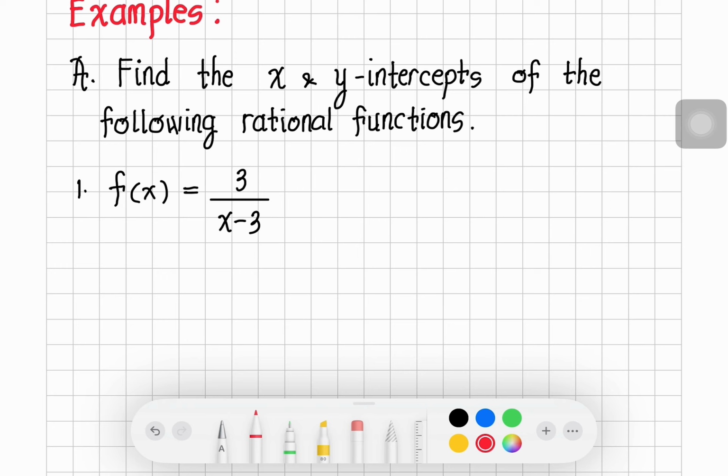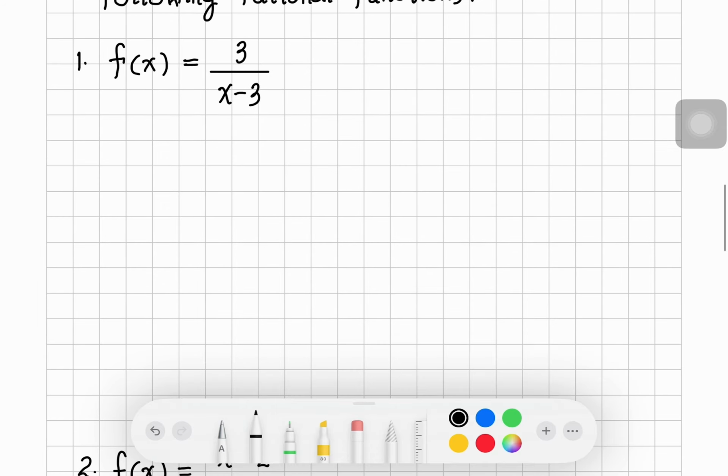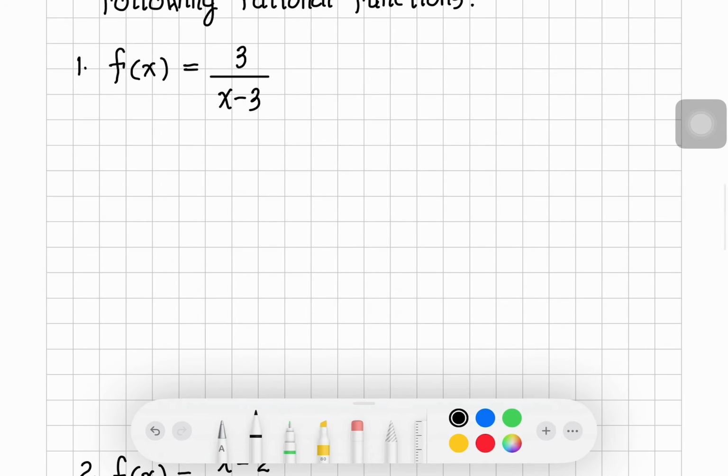Find the x and y intercepts of the following rational functions. So, number 1, we have f of x equals 3 over x minus 3. So, guys, here we are looking for the x and y intercepts first. Okay, so, to solve for the x-intercept, let's write it so we won't get confused.